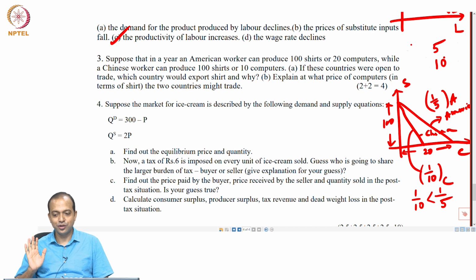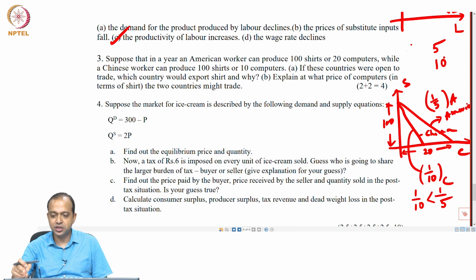Very simple to understand. So, from this also you can understand that the way I have drawn the two PPFs, the slope of the PPF is relatively steeper in the context of China compared to America. See, look here, I measured computer on the x-axis. So, that means I can measure opportunity cost of computer in terms of cert.